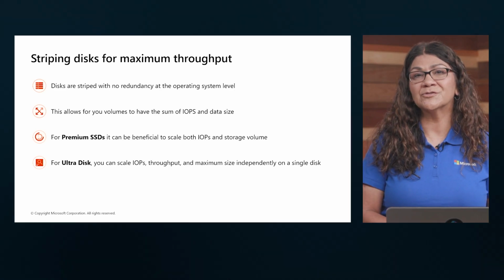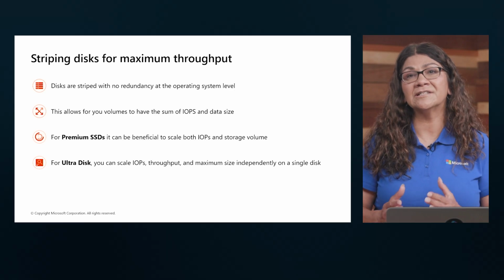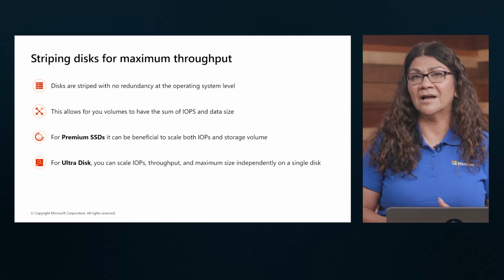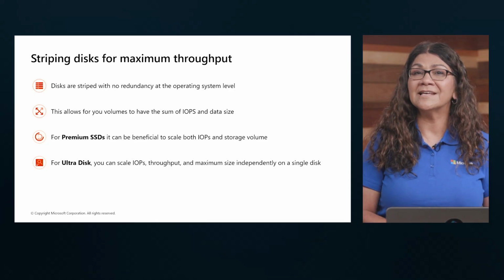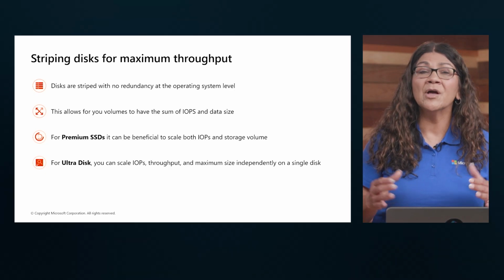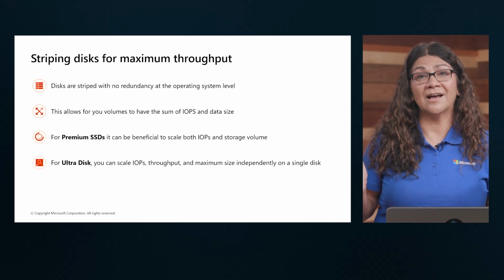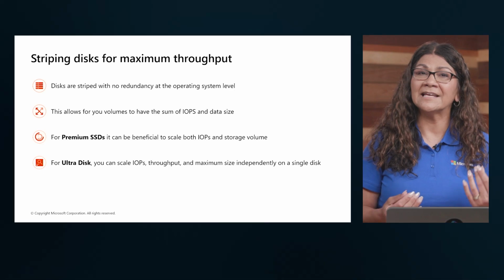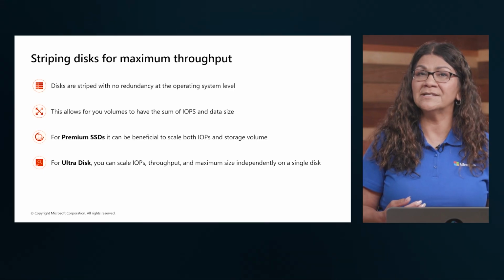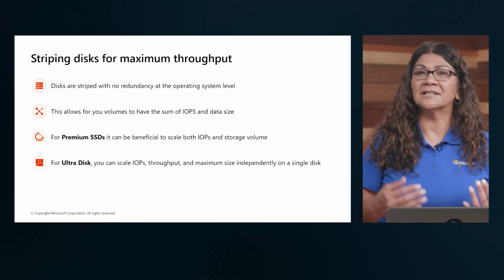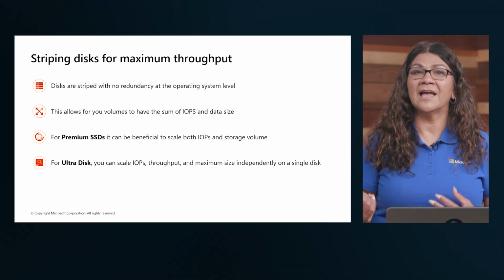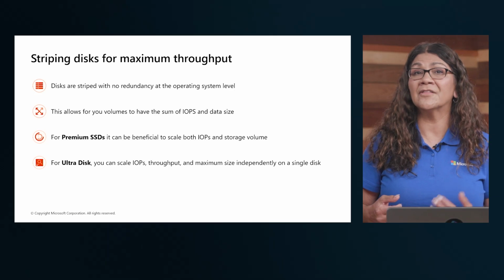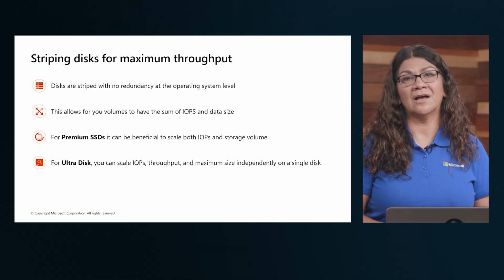For example, striping 10 P30 disks, each with 1 terabyte and 5,000 IOPS, results in a 10 terabyte volume with 50,000 IOPS. This is arrived at by adding each of the 10 disks' 1 terabyte together to get the 10 terabytes, and then each of the 10 disks' 5,000 IOPS together to get the 50,000 IOPS.